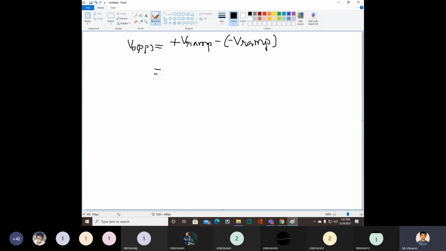We know plus VRAM is equal to minus R2 by R3 into plus V saturation.